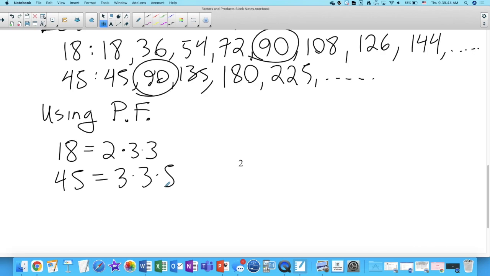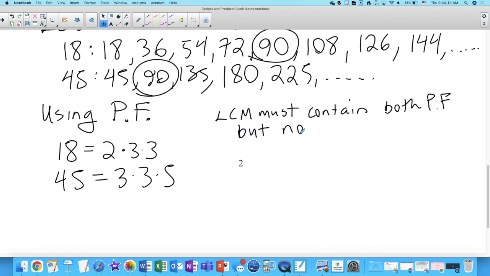But if they share any primes, I don't have to repeat them. So what I mean by that is this. Least common multiple must contain both prime factorizations, but no need to repeat if they're shared.